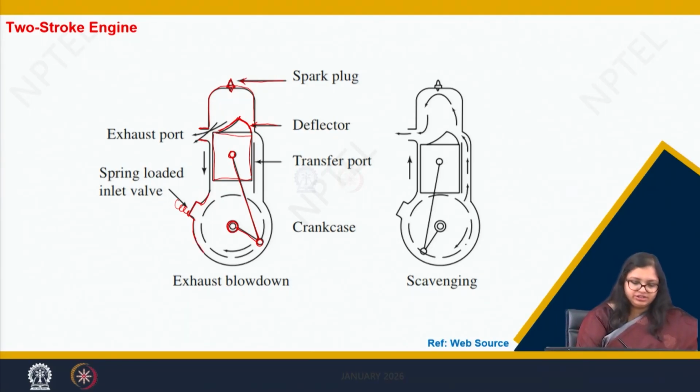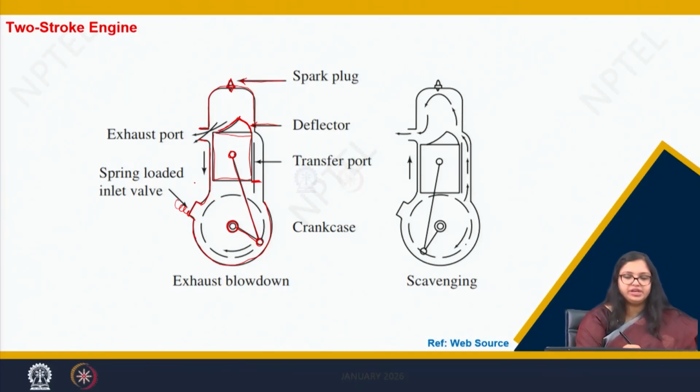Here there is another component which we call the crankcase, which covers or holds your connecting rod and the crank. So the components encased below this piston are called the crankcase.